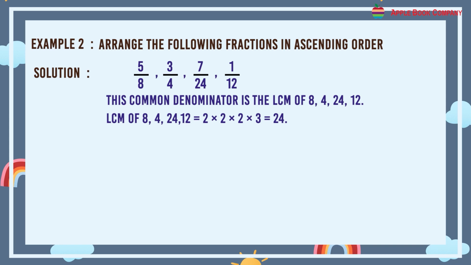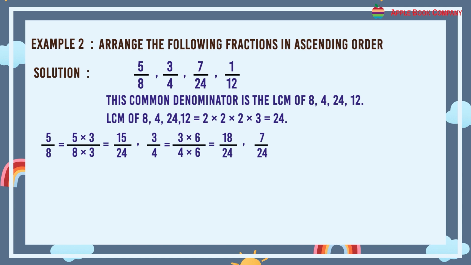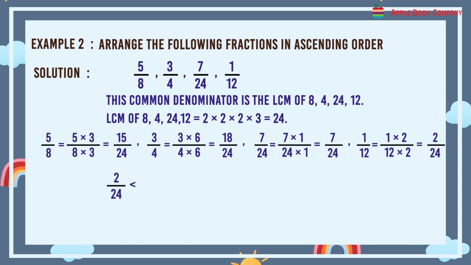Changing each of the given fractions into an equivalent fraction with denominator 24, we get 5/8 equals (5 × 3)/(8 × 3) equals 15/24. 3/4 equals (3 × 6)/(4 × 6) equals 18/24. 7/24 equals (7 × 1)/(24 × 1) equals 7/24. 1/12 equals (1 × 2)/(12 × 2) equals 2/24. Therefore, 2/24 is less than 7/24, 7/24 is less than 15/24, 15/24 is less than 18/24.